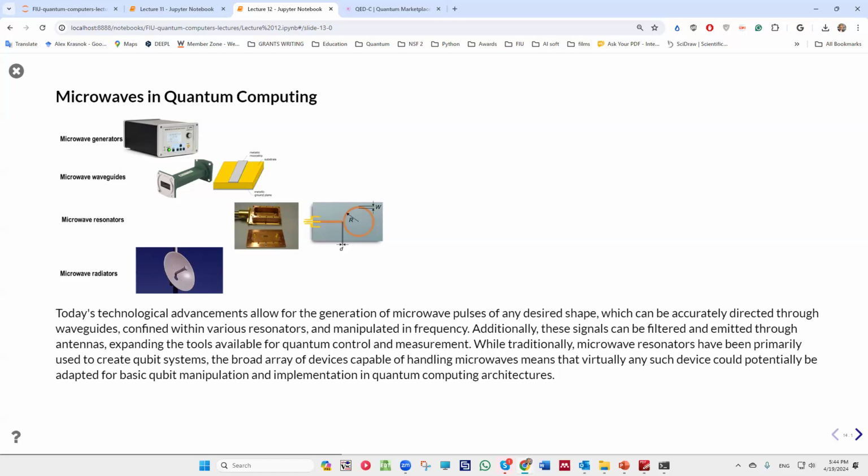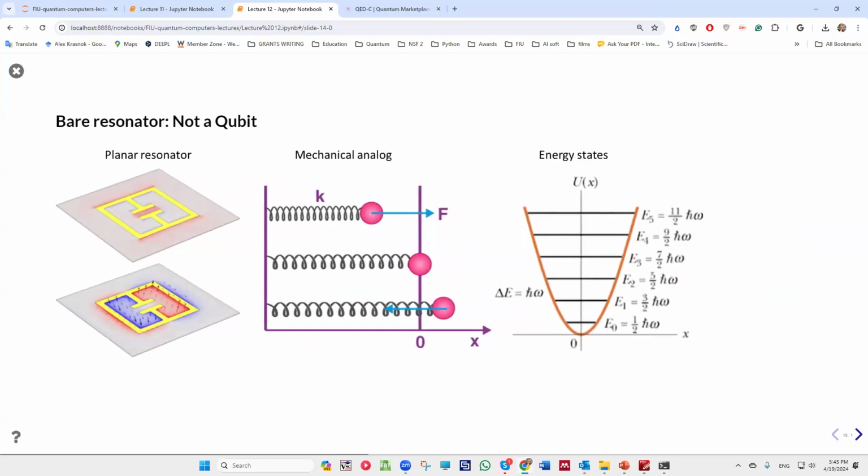Maybe only electronics, this CMOS electronics, can compete with microwaves in terms of readiness, in terms of the state of the technology. So it's very desirable to use microwaves for quantum.